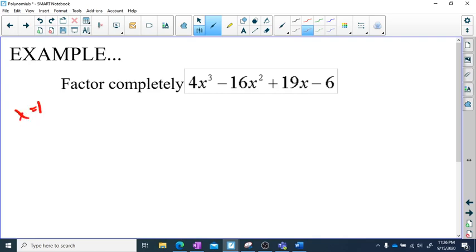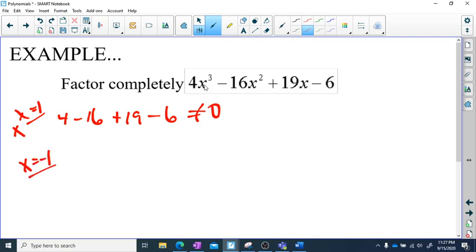Let's suppose I try x equals 1. You don't have to, you can do this as quick as you can. So 1 I can do in my head. 1 cubed is 1 times 4, so I'm going to get 4. 16 times 1 squared is 16. Plus 19 times 1, minus 6. 19 and 4 is 23, minus 22. That one didn't work. Okay, let me try negative 1.